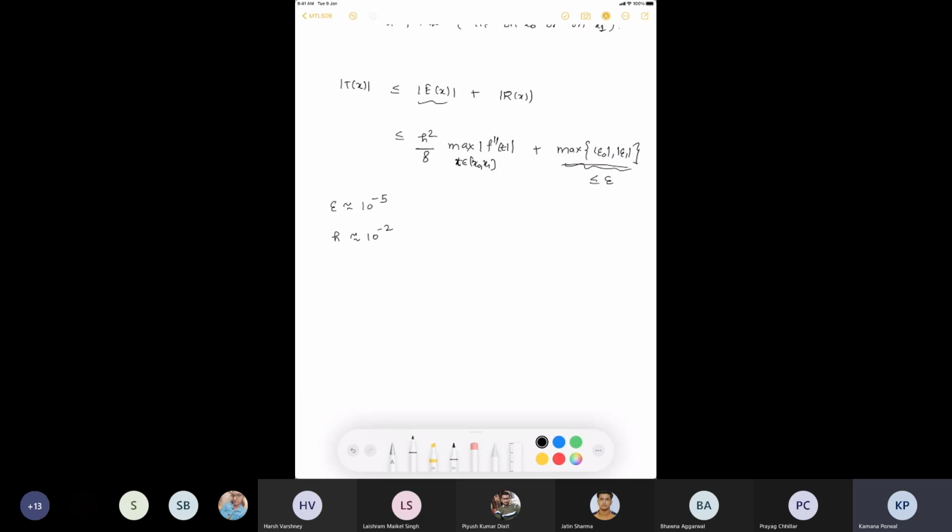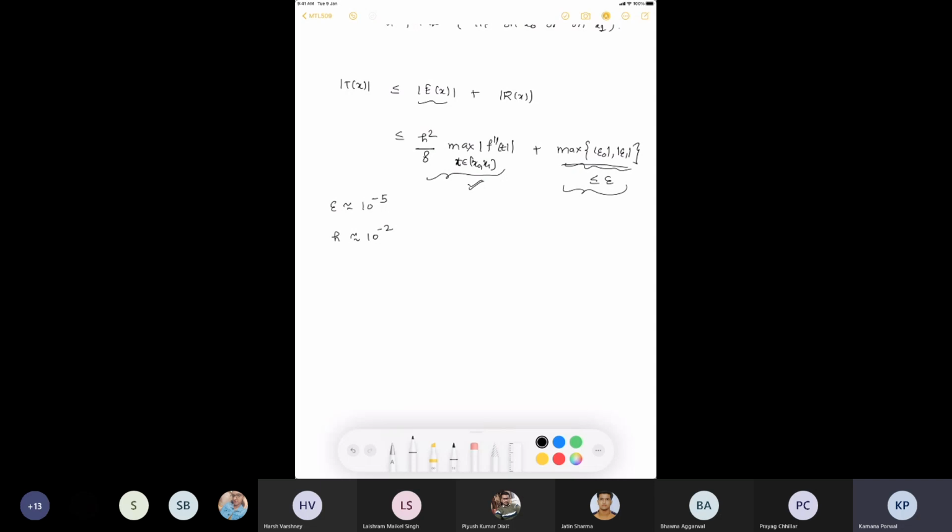Then you can see that I have an h squared factor, so h squared is of order 10 to the power minus 4, and this term is of order 10 to the power minus 5. So of course this error is dominating, right? Basically your interpolation error is going to be the dominating factor.